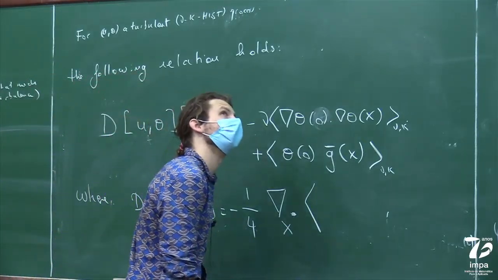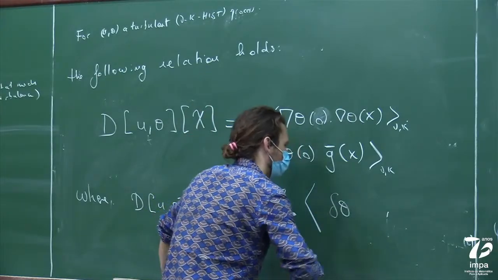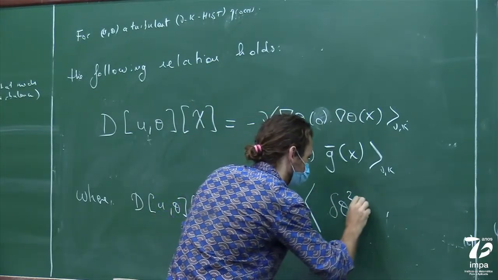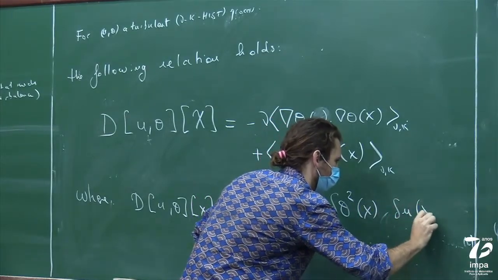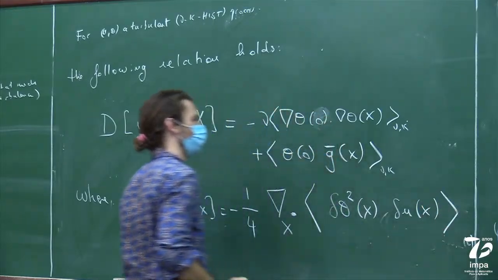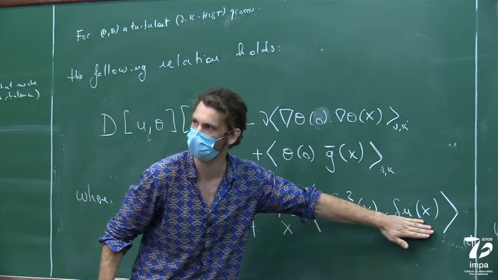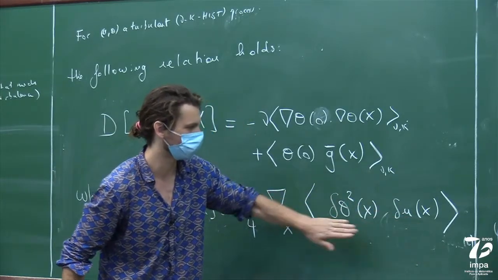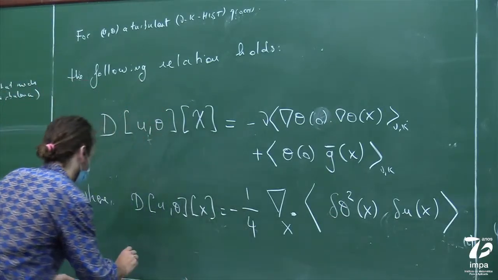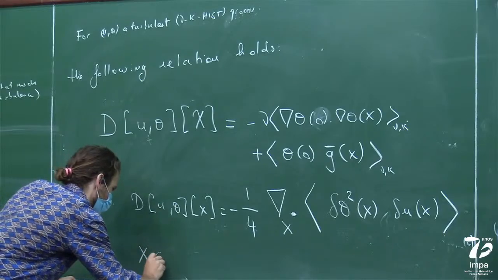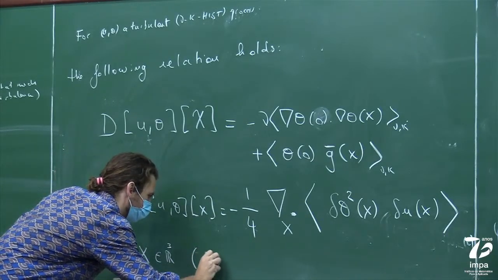This correlation is this one: delta theta square of X, delta U of X. So this is a divergence, and this guy is a vector, and this guy is a scalar. And so here X is in R cube. It's a separation.